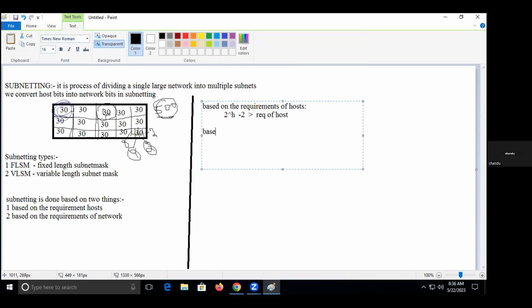If you do it based on the requirements of network, the formula is 2 power n is greater than or equal to the requirements of network.